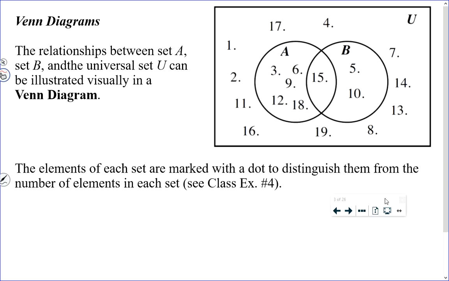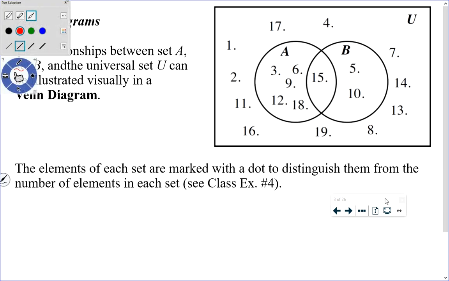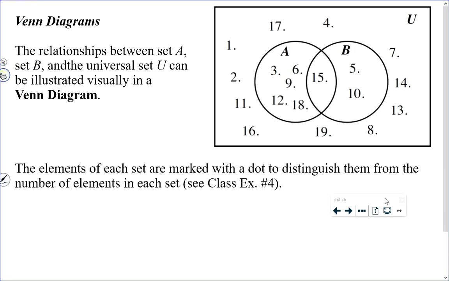And if you were to look at all of these numbers, every single number here, 1 is inside the rectangle, 2 is in here, 3 is in here, 4 is, 5, 6, 7, 8, 9, 10, 11, 12, 13, 14, 15, 16, 17, 18, 19. All of the elements of the universal set are in that rectangle.